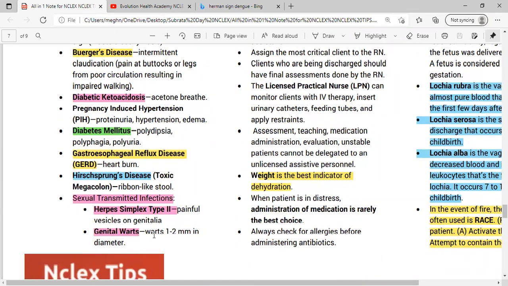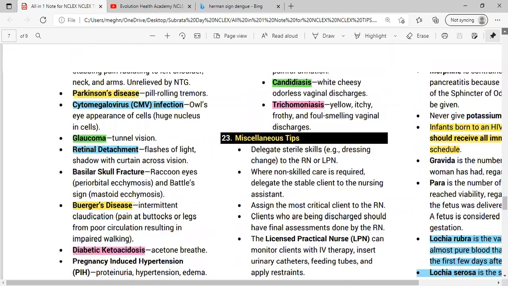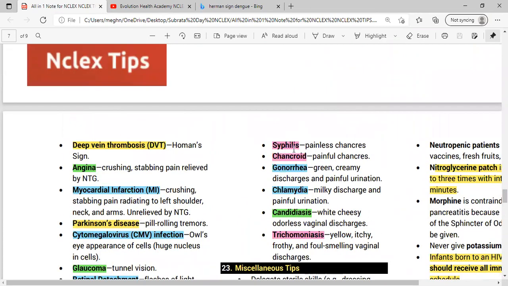Genital warts are warts 1 to 2 millimeters in diameter. Syphilis has a painless chancre, while chancroid has a painful chancre. This is the characteristic of the ulcer. You can easily identify it if the patient gives a history of sexual exposure within 2 weeks and you see a painless or painful chancre.